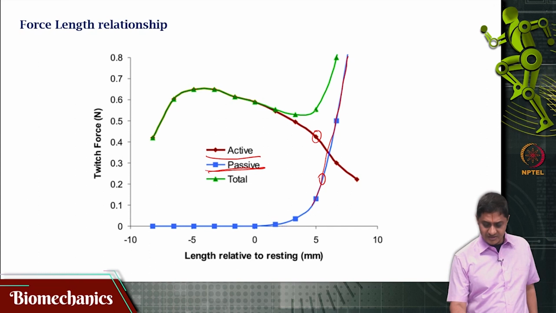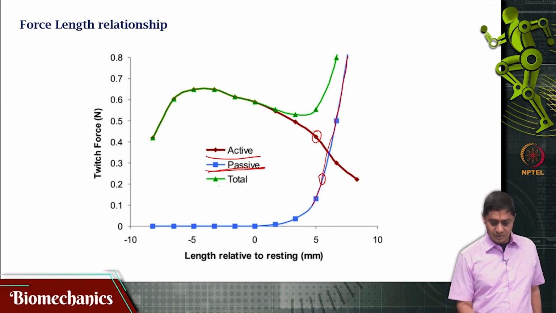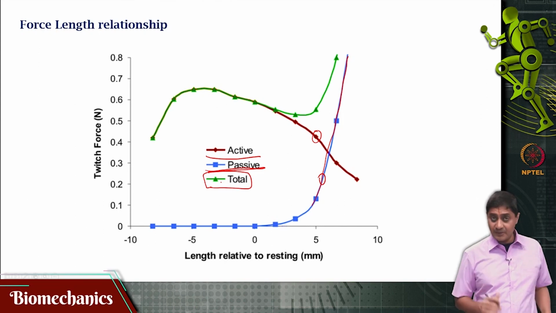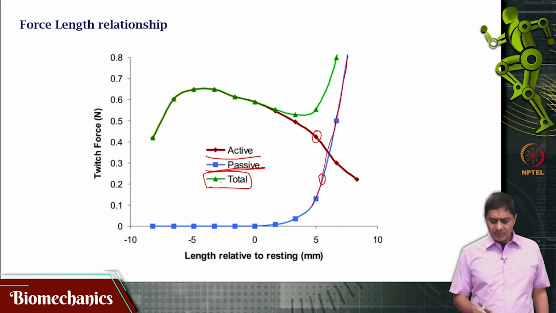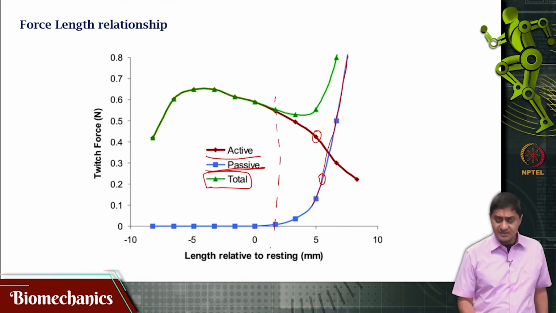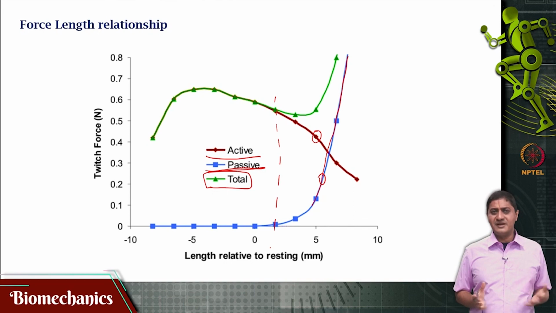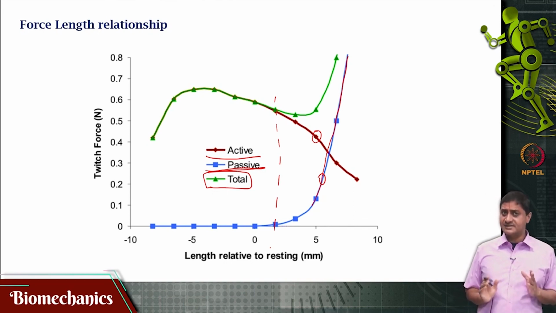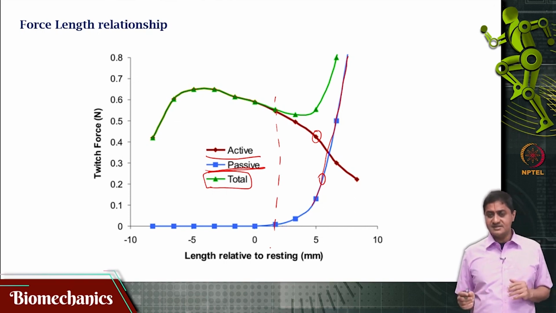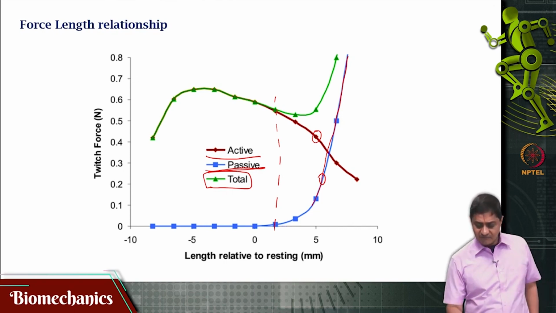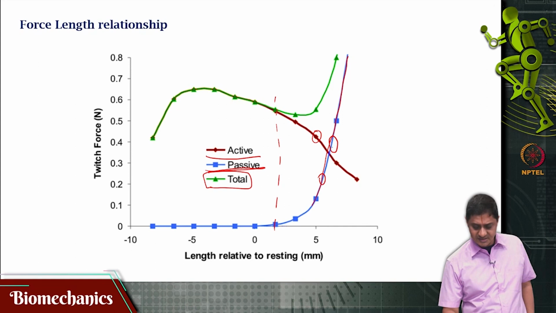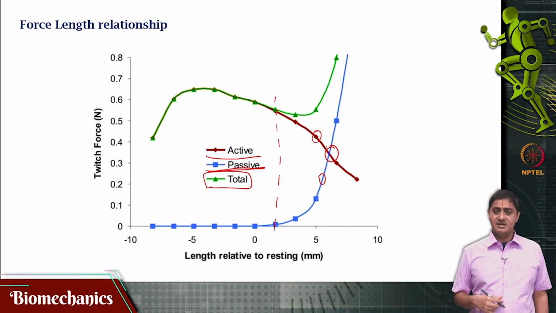At each point when these two are added, you get the total force that is developed. At any point in time when we measure, what you are measuring is the total force, but of course, at relatively low lengths the passive force does not play a major role. At relatively low lengths, it is the active force that is dominating the total force, whereas as the length increases, the passive force starts increasing. In fact, at some point it even crosses the active force.